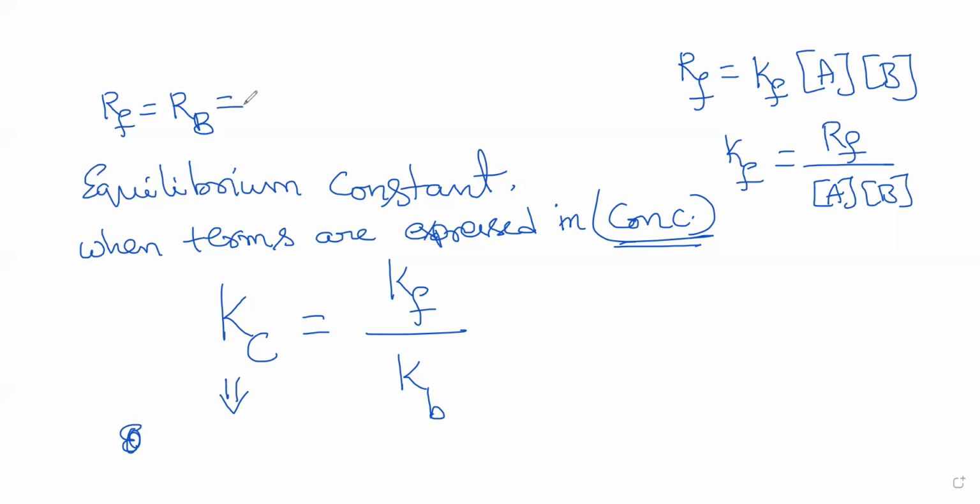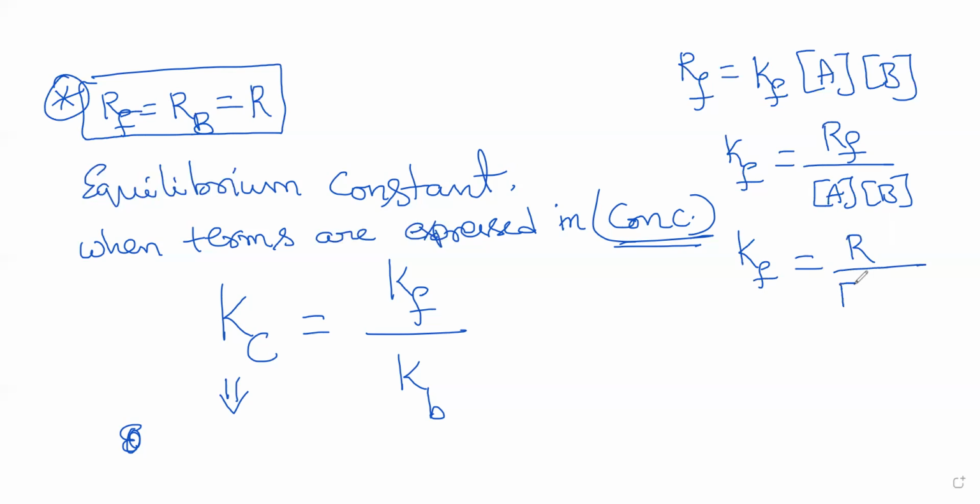Let us say that is R. The rate of forward reaction is equal to the rate of backward reaction, both are equal, and let us say that is R. So we have Kf is equal to R divided by concentration of A into concentration of B.